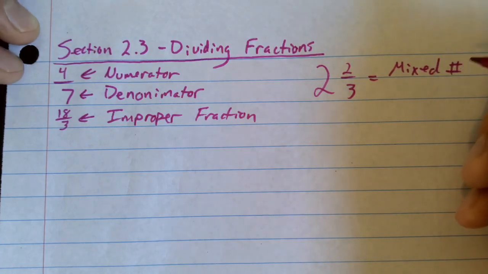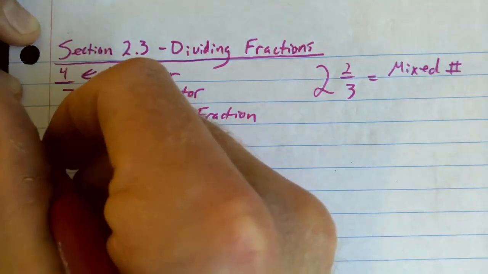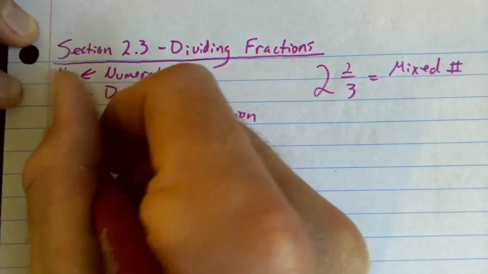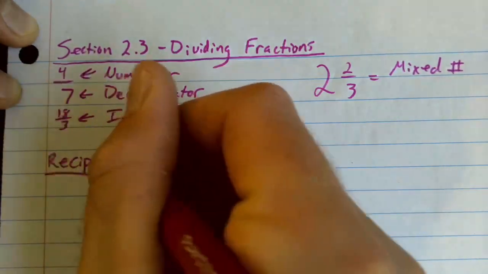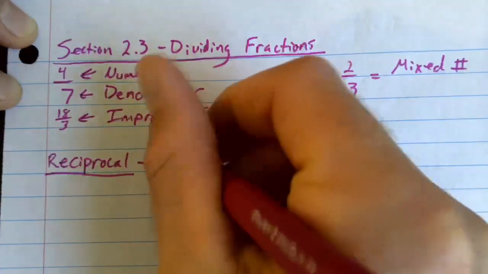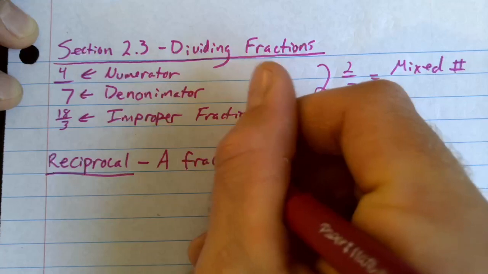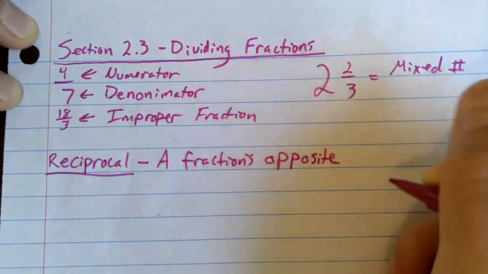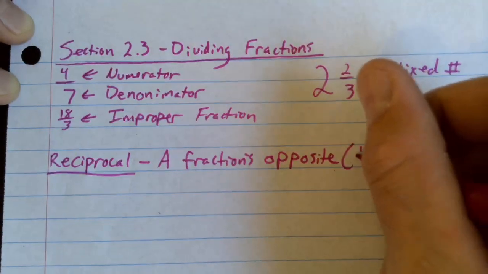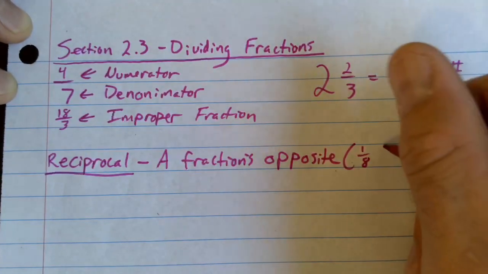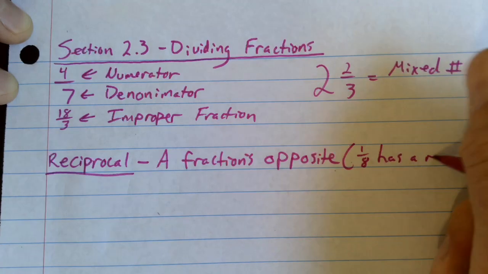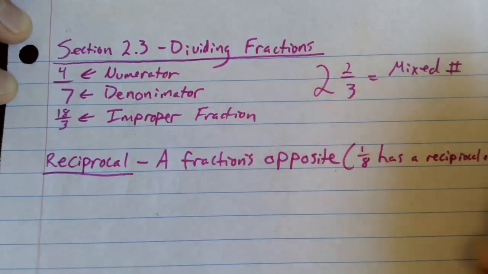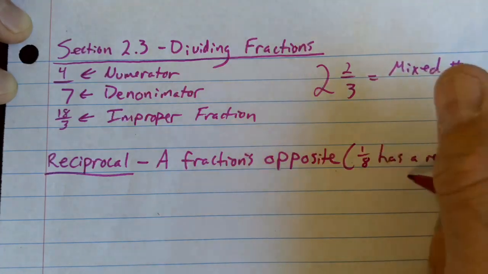So we also need to know what a reciprocal is. A reciprocal is a fraction's opposite. So for example, 1/8, or 1 over 8, has a reciprocal of 8 over 1.